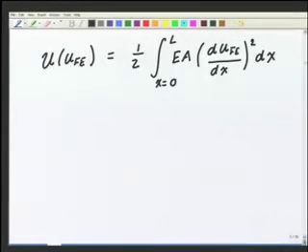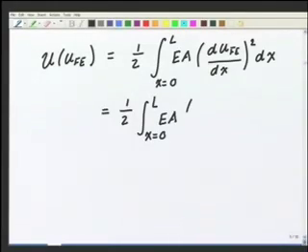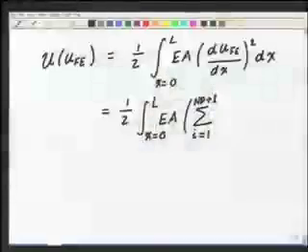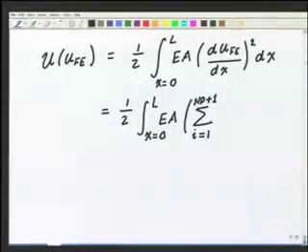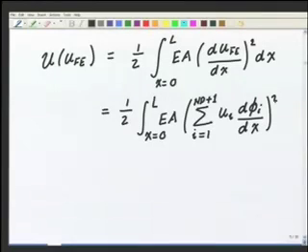UFE is equal to sigma of UI phi I. So this will be equal to, I can rewrite it, integral x is equal to 0 to L EA into sigma I is equal to 1 to NP plus 1. P is the order of approximation, N is the number of elements, so total number of unknowns is NP plus 1, into UI d phi I/dx whole square dx.